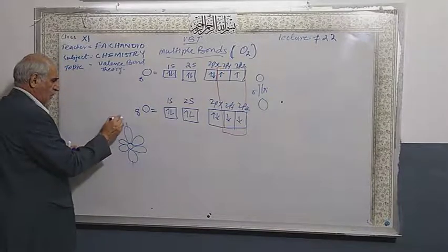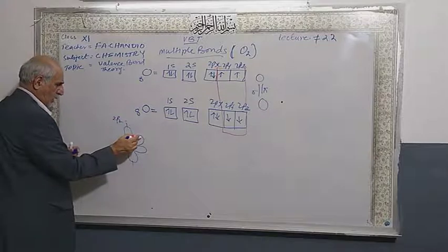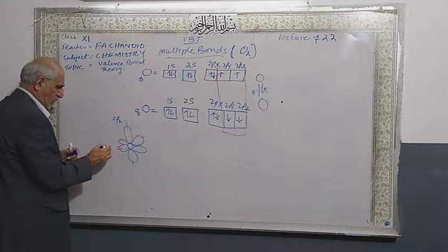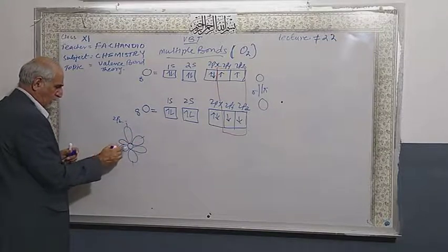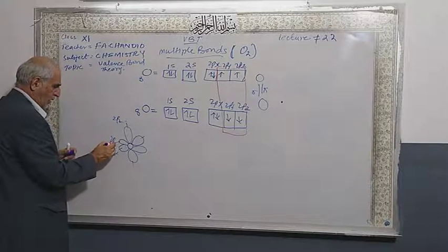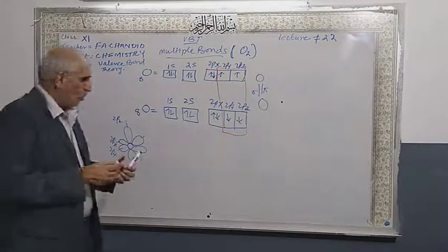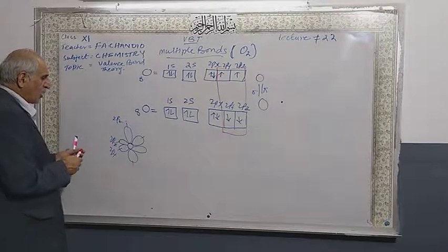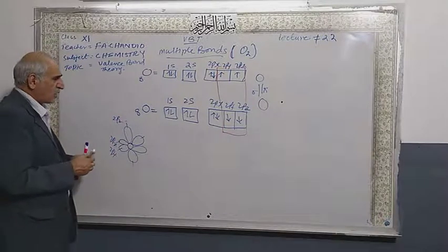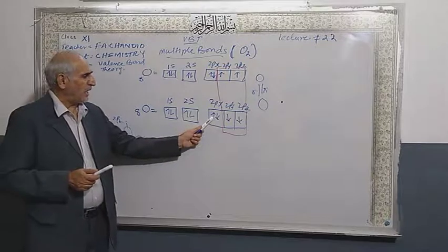So this is 2pz and this one is 2py and 2px. This is for one oxygen. So if we are going to overlap with another oxygen, students, one p is filled.